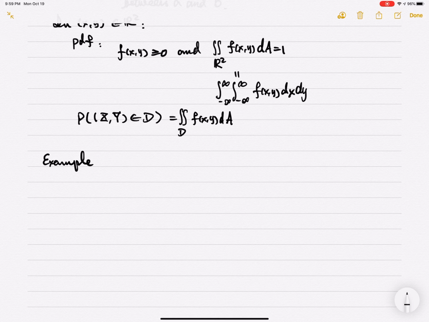Let's follow the first part. So this is example 3. In the first part, we talk about two examples.